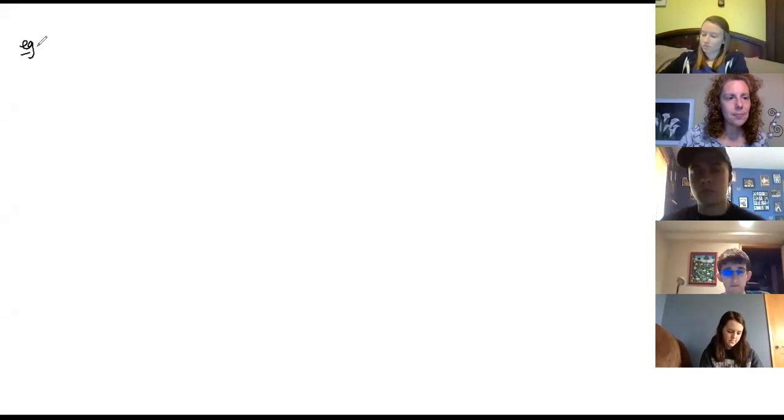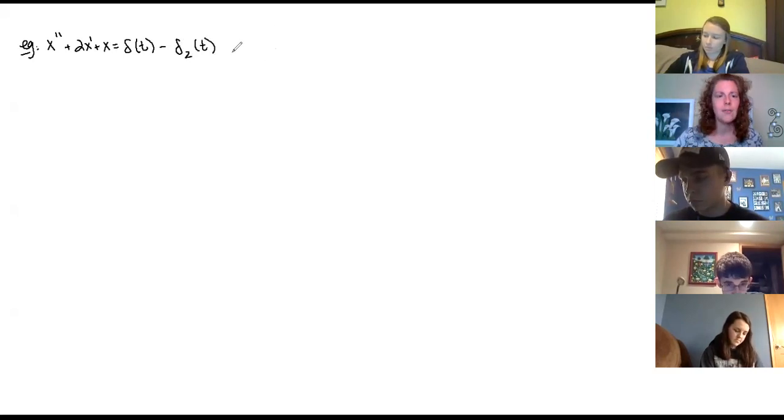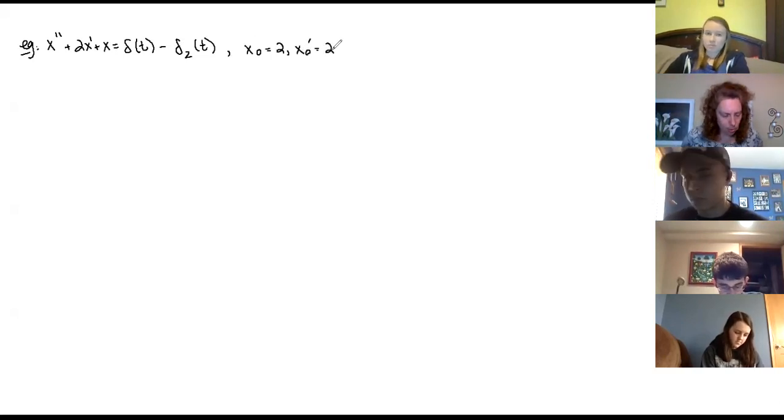For example, x double prime plus 2x prime plus x equals delta of t minus delta sub 2 of t, and x naught is 2, x naught prime is also 2.